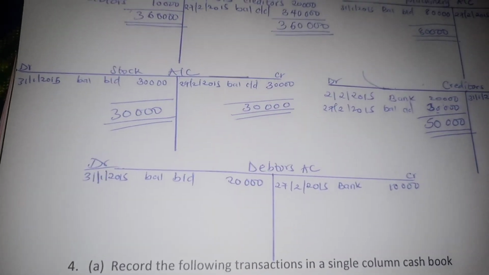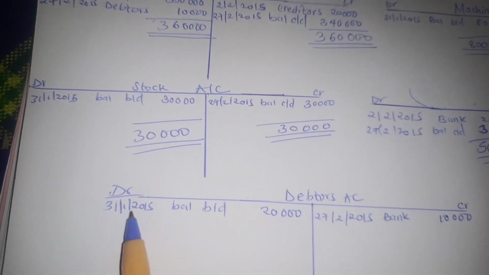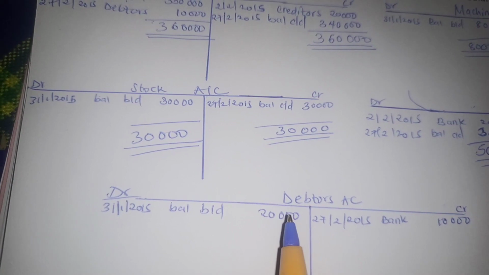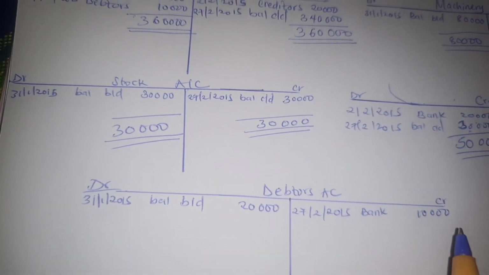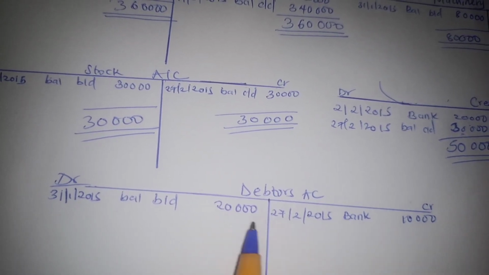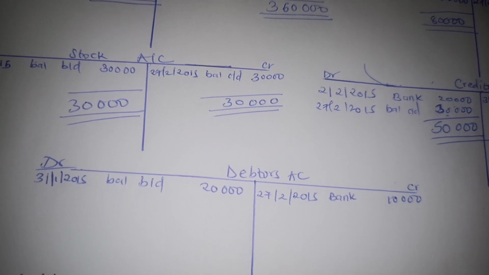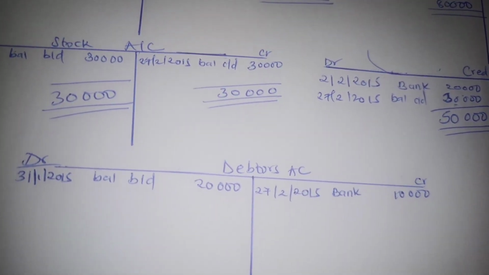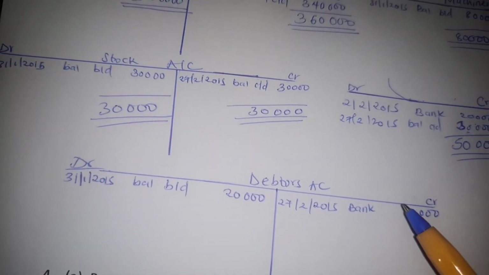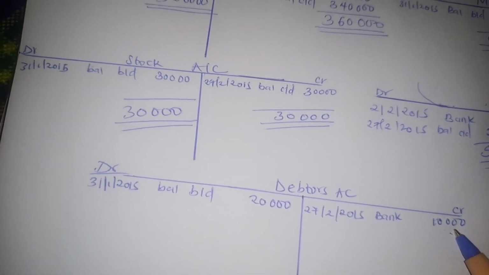Lastly, we have the debtors account. In the debtors account, we have on the debit side 20,000, credit side 10,000. So what is the difference between the two sides? 20,000 minus 10,000 is 10,000. So where do we take this difference to? The side with the lower total, which is the credit side.